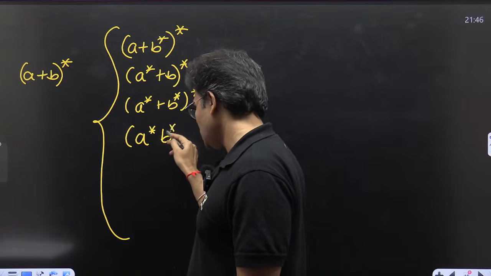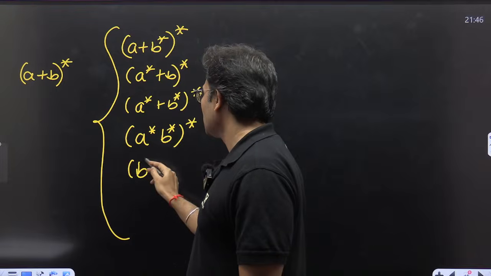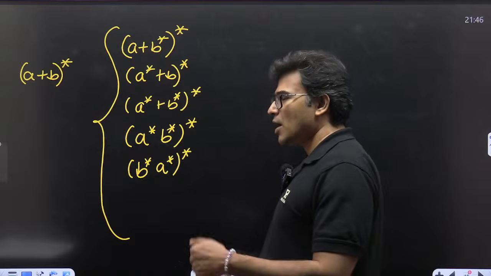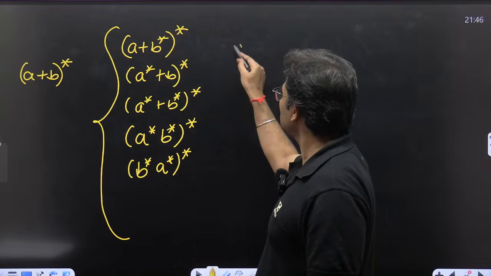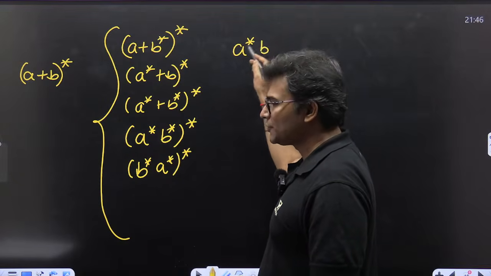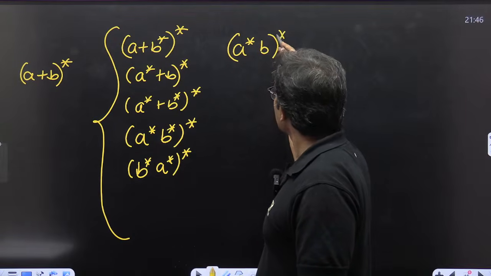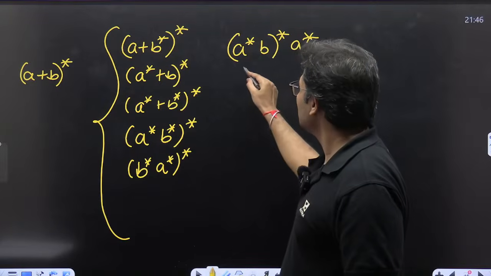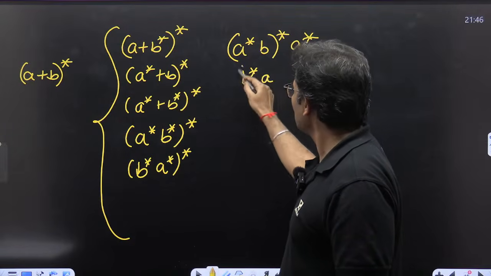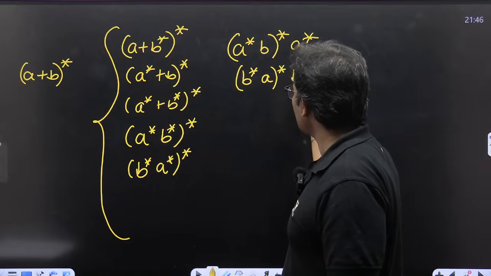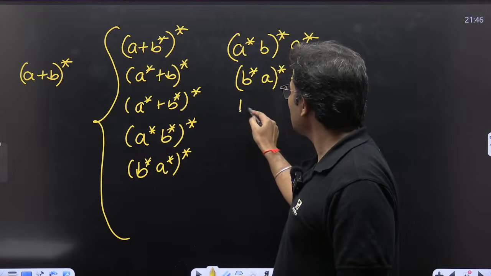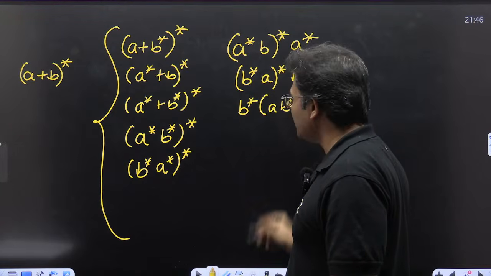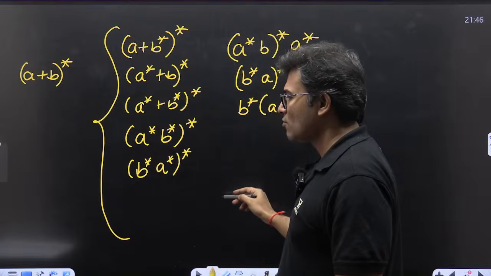(a*b*)*, we have seen this. (b*a*)*, we have seen this, right? Apart from that, I will give you some extra ones which are somewhat counterintuitive. a*(b*a*)*, this is also (a+b)*. Similarly, b*(a*b*)*. Similarly, (b*a)*b*, right?